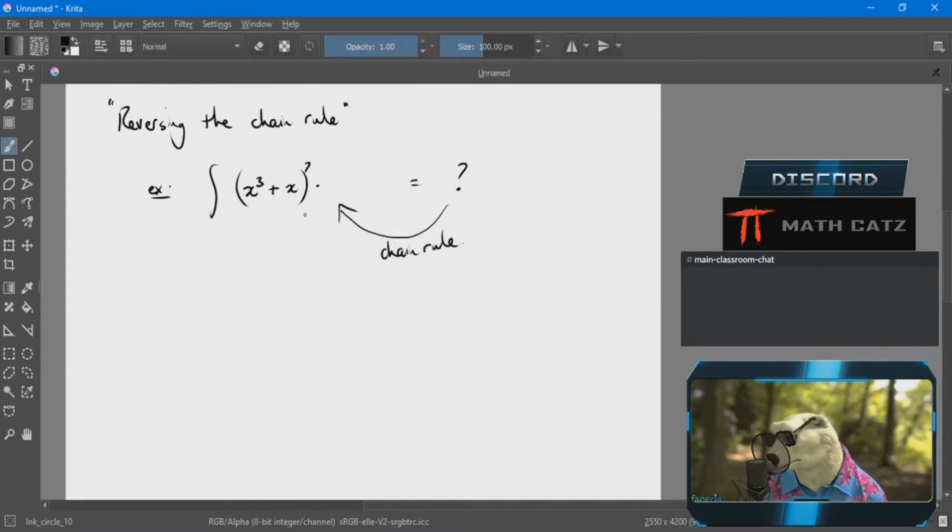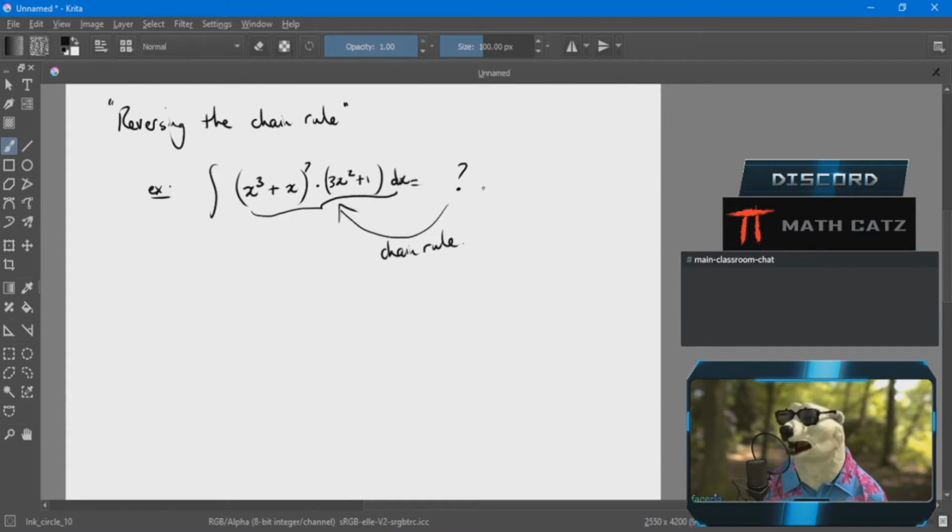The first part of the chain rule and the second part of the chain rule. All of this together is the chain rule. So the second part of the chain rule has to be visible when I'm doing it in reverse. So I would have to see a 3x squared plus 1 there as well.